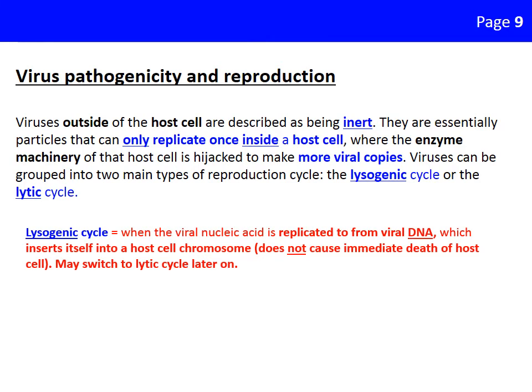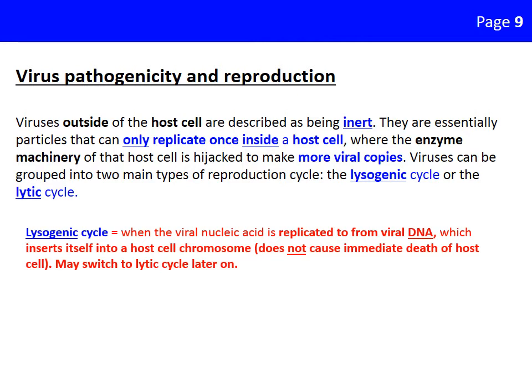So it doesn't necessarily cause immediate death of the host cell, because it's not a lytic cycle here. It's called a lysogenic cycle, whereby the viral DNA inserts inside the nucleus into an existing host chromosome, and the virus remains dormant for a certain period of time.